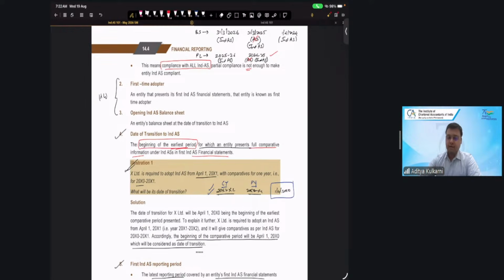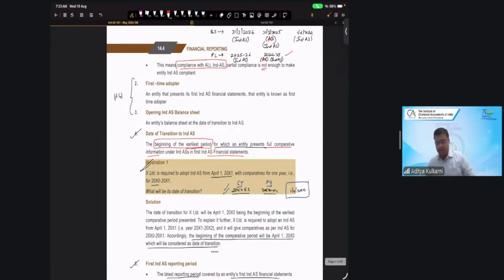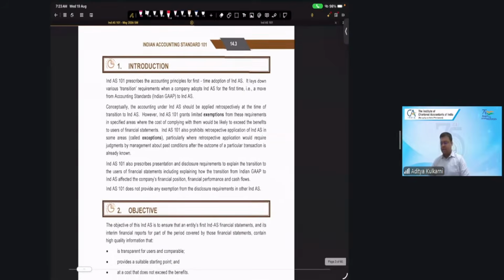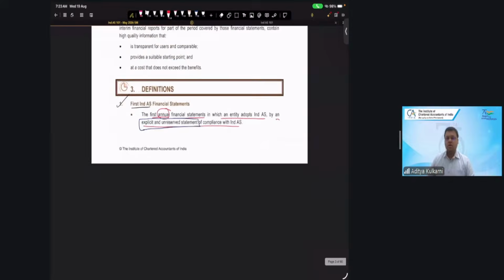All right. So date of transition is done, and previous GAAP is done. Now we move on to the next one, and that is first Ind AS financial statements. What do we mean by first Ind AS financial statements?